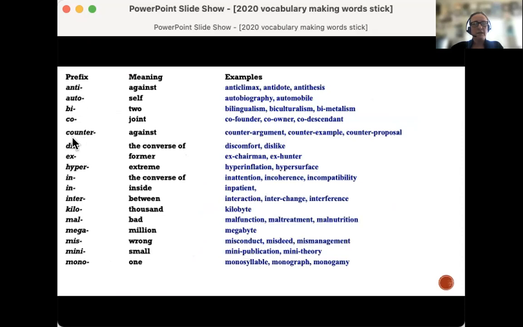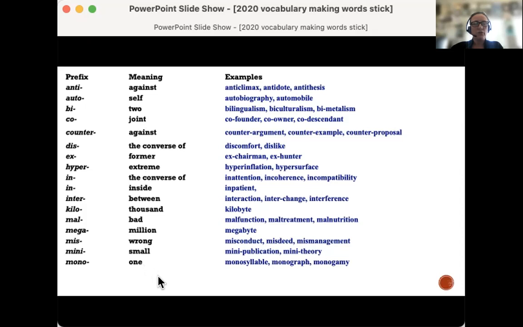This is the prefix zone I think we're in, in higher education and university, where you've got certain prefixes that are helpful for meaning. If we don't know what hyperinflation means, but we know that hyper means extreme, that's going to be extreme inflation, right?